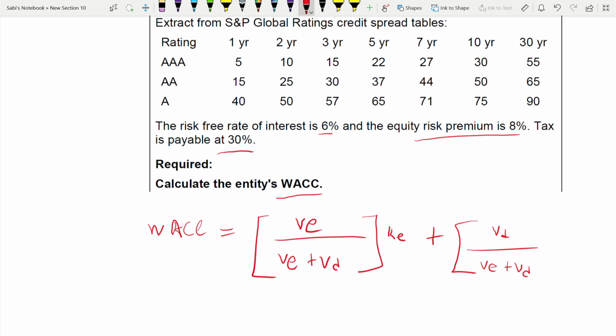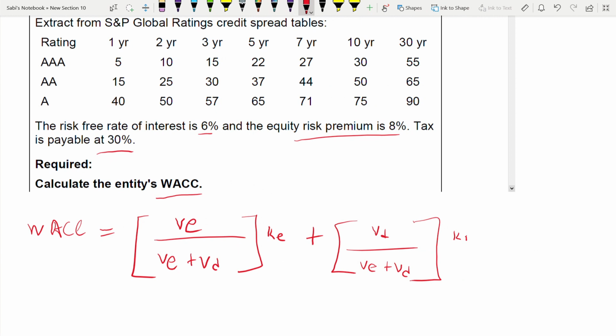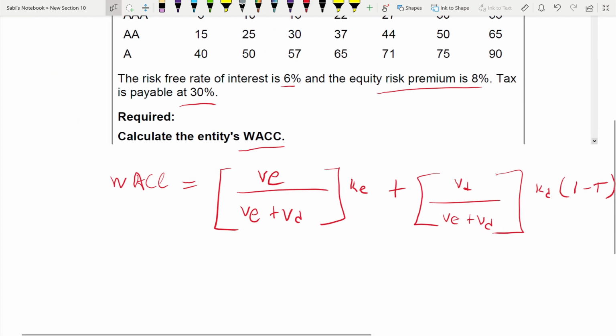Okay, but in debt one more thing is there. This into cost of debt, but this needs to be multiplied by (1 minus tax), adjusted for tax. Now let us do. First find cost of equity, then find cost of debt.